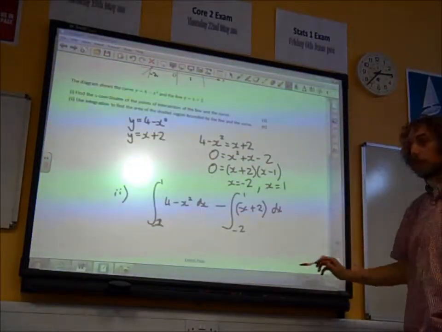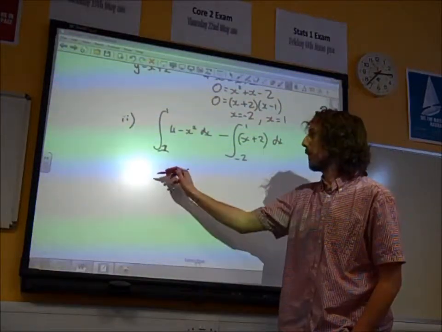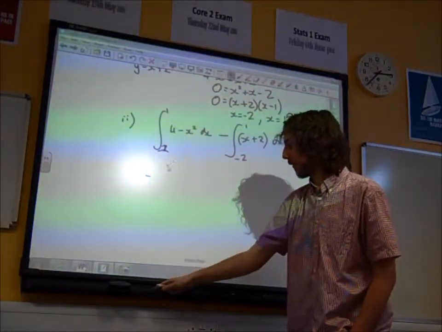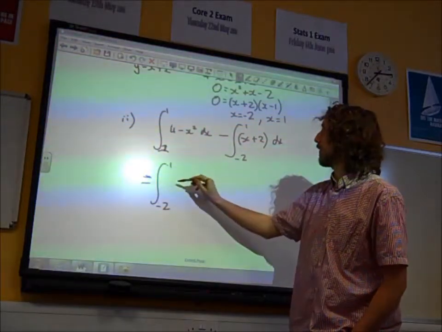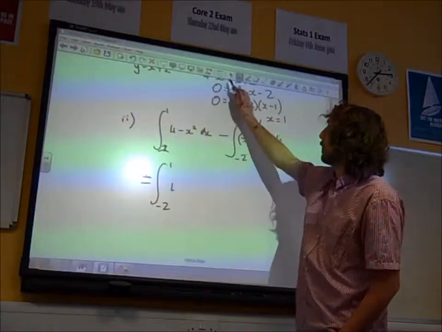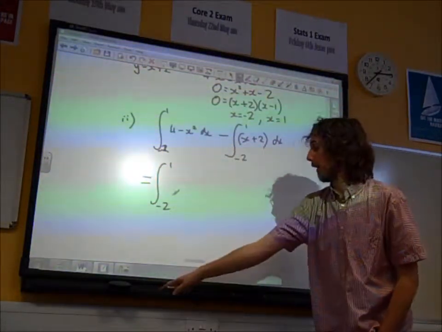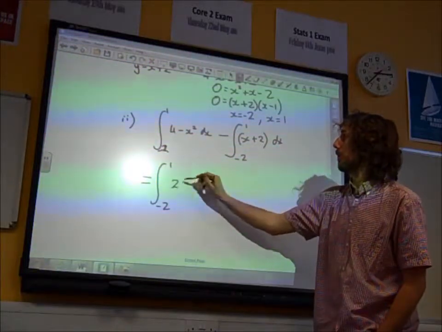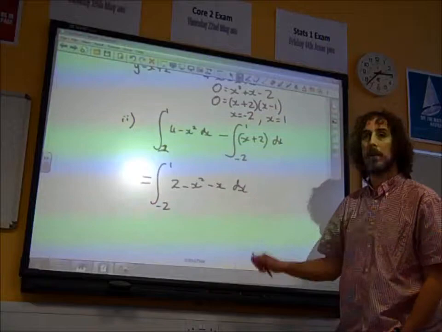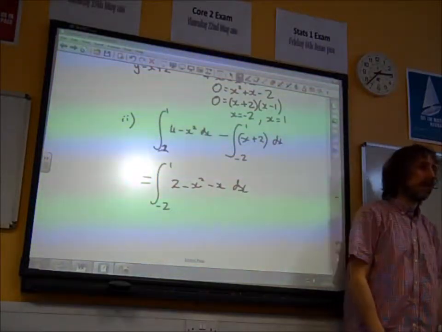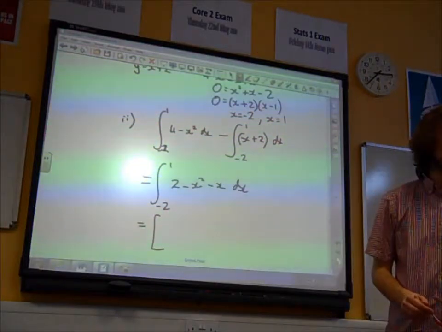Right, so I would probably do it this way, and I'd probably bring all of this together as one integral. So I've got 4, I've got 4 minus 2, really careful with the brackets now, which is 2, minus x squared, minus x dx, which if we integrate, what do we get if we integrate that?